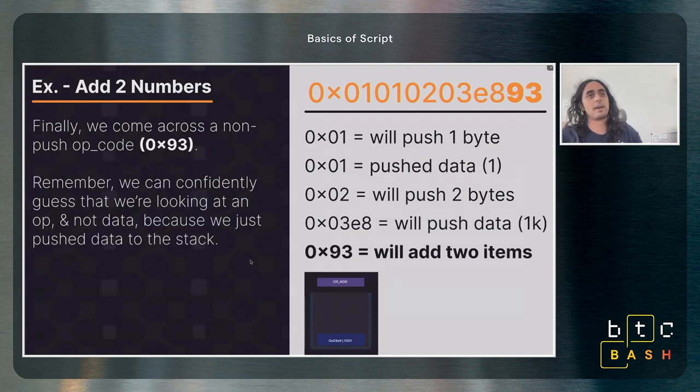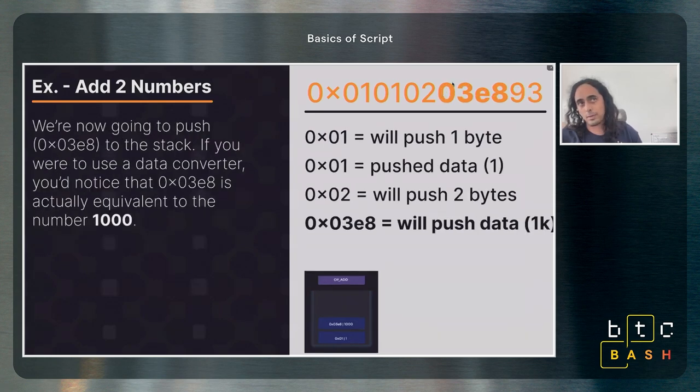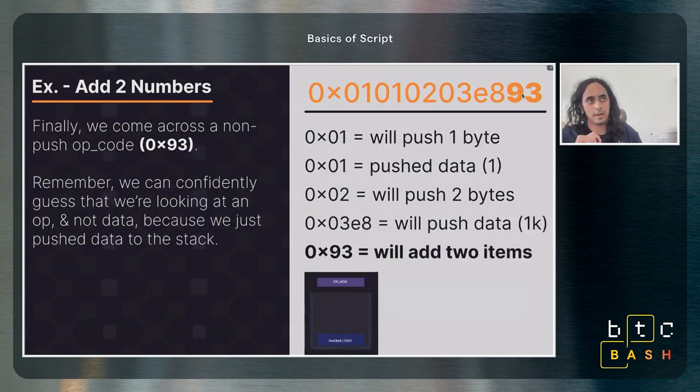And now this very last opcode that we haven't consumed, because we went through 03E8, we have 93 left. And again, I think any opcode past 0x76 is an operational opcode. We know 93 is an operational opcode. We look it up on a website or whatever, and we see that it's actually op-add.